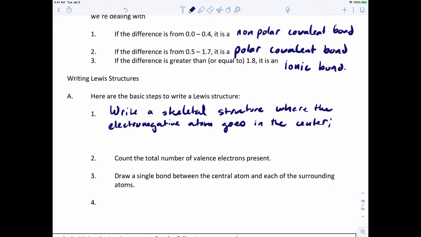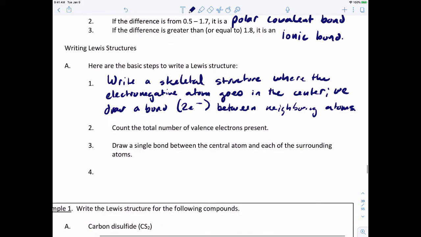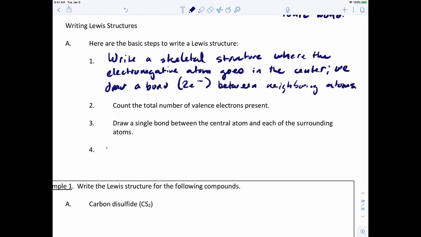And then we draw a bond, which again, remember, a bond is 2 electrons between neighboring atoms. Okay. Second step, we then count the total number of valence electrons present. Number 3, we draw a single bond between the central atom and each of the surrounding atoms. And then number 4 says this: all of the outside atoms must follow the octet rule.